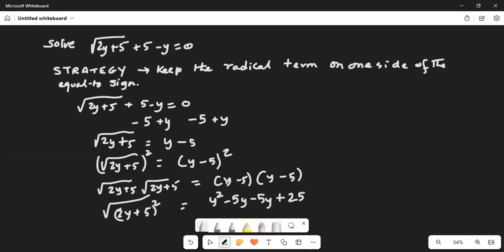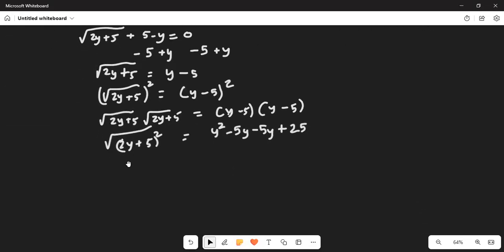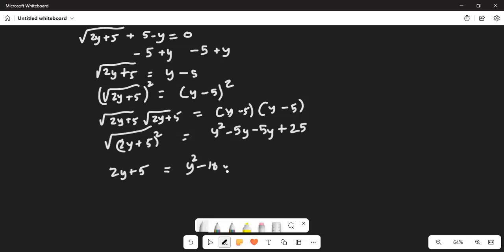So if I create some more space here, what do I get? So inside the square root 2y plus 5 whole square is same. If I bring it outside the whole square term, the square term goes away. And of course, the square root sign also goes away, is equal to y square minus 10y plus 25.